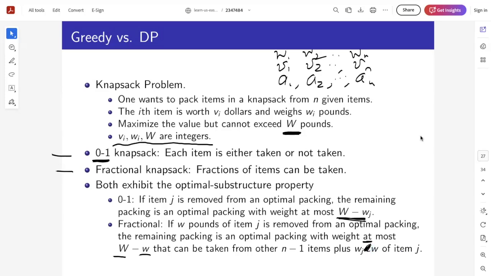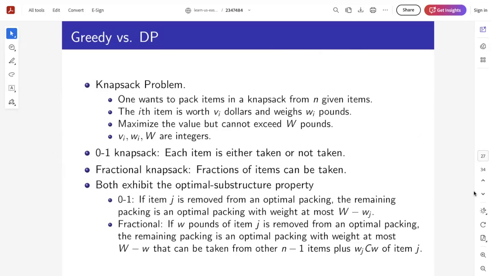This could be a fraction. So we still have Wj minus small w portion of item J left, so we can still pack it if there is room. That's 0-1 knapsack.